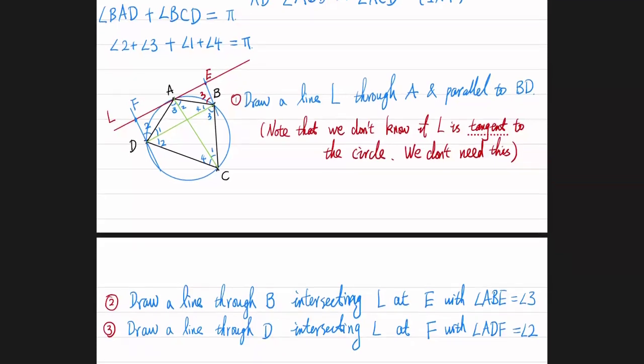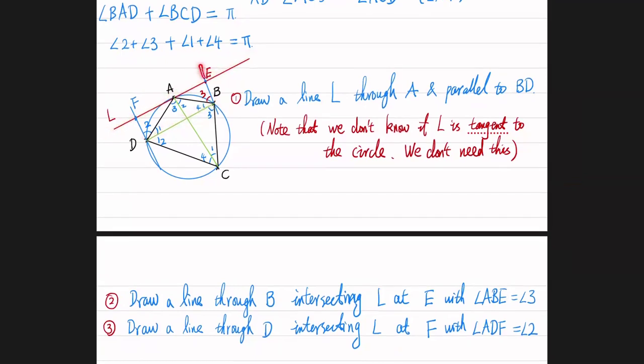Okay, so a little bit long. What we did, we start with this line. This line goes through A and is parallel to BD. Second line, since this angle equals angle 3. Third line, this angle equals angle 2.